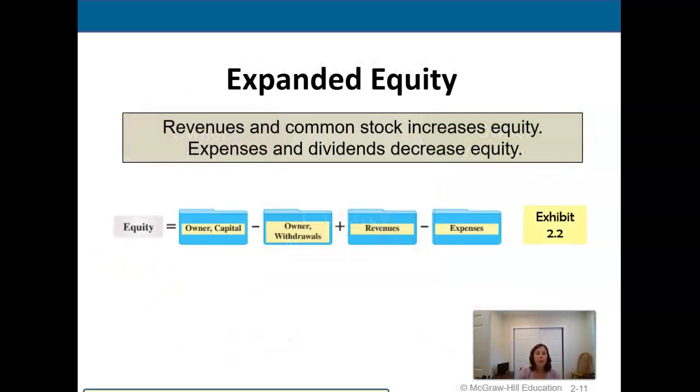And this is a longer version of the interplay between the various aspects of the owner's capital. So we have owner's capital, but owner's capital is reduced by any withdrawals, any money the owner took out. But any money that we earn increases owner's equity, and the money that we spent on expenses decreases owner's equity.